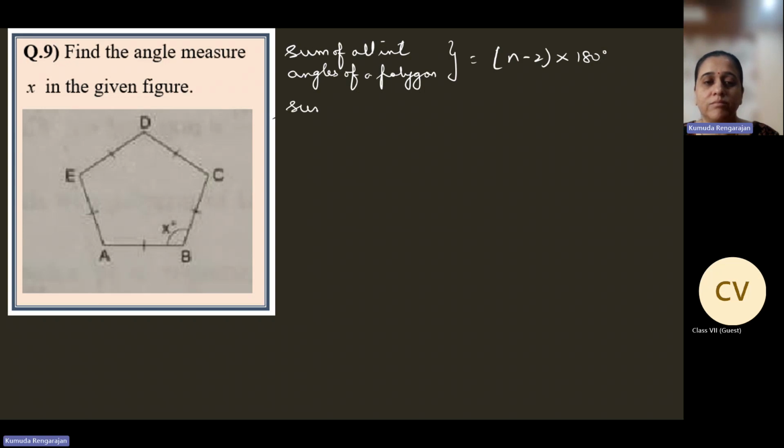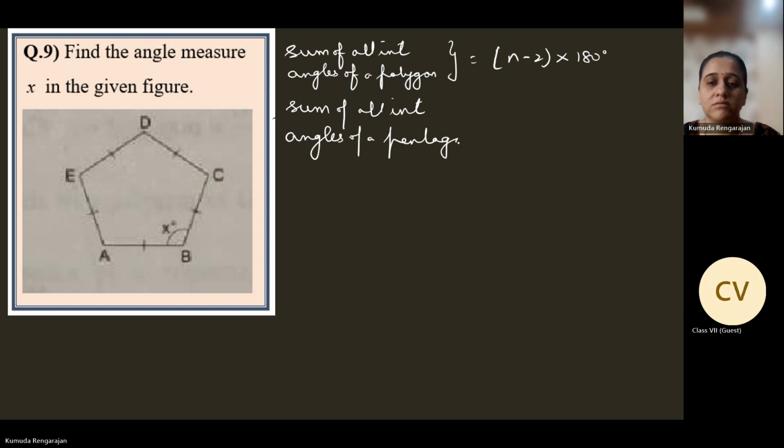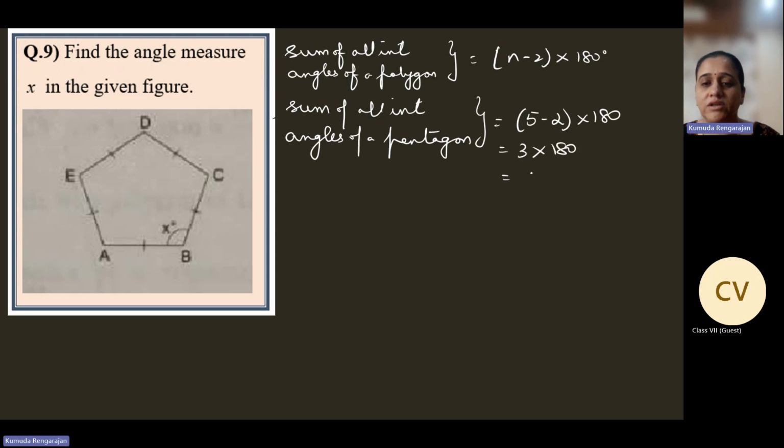So sum of all interior angles of a pentagon is equal to 5 minus 2 into 180, 3 into 180, 540 degrees.